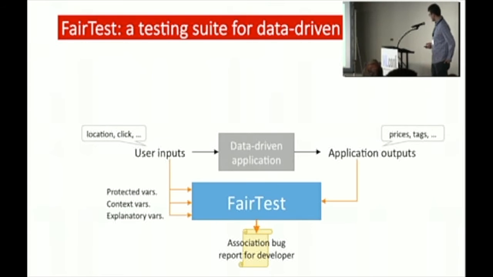FairTest is going to essentially consider this application as a black box and be used on the side. You feed it your user data and your application outputs, and it's going to run a certain number of statistical algorithms to find these correlations in different contexts, different subcontexts of the user population, and generate a bug report for the developer.